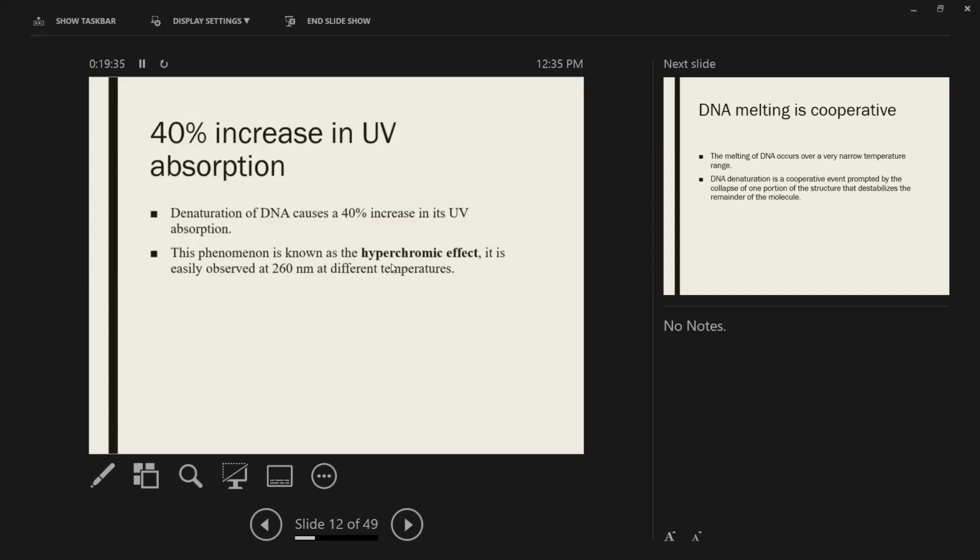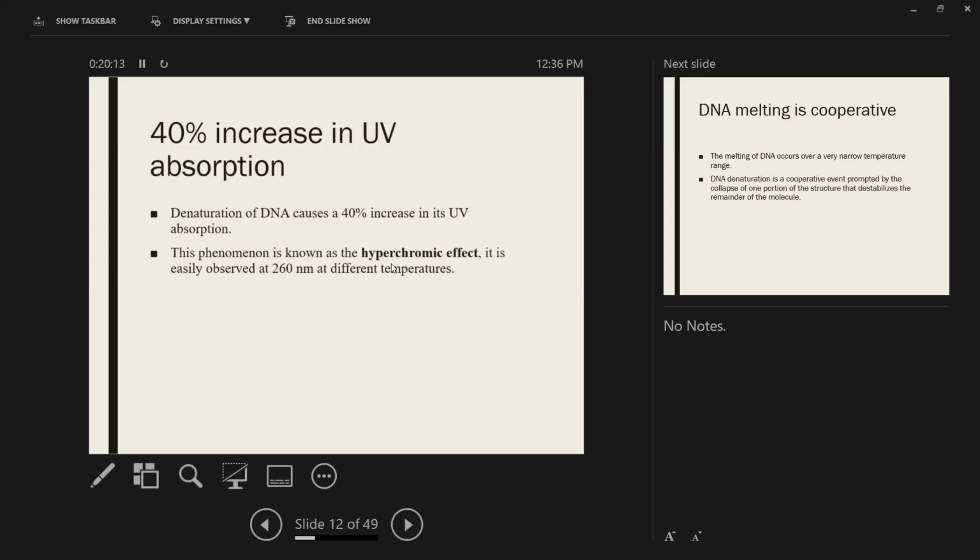So denaturation will cause a 40% increase in UV absorption at A260. That's called the hyperchromic effect. When it denatures, you get an increase. When it renatures, that's a decrease.